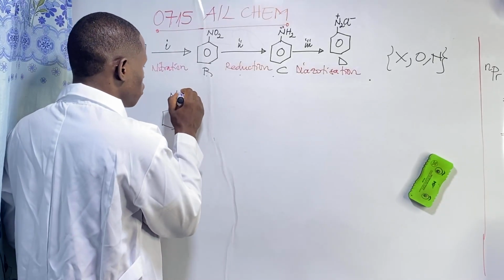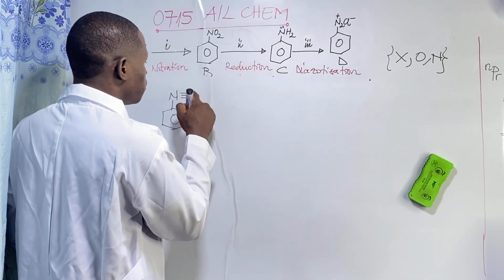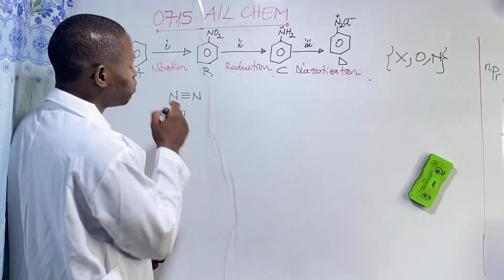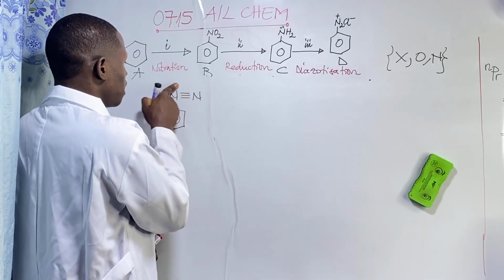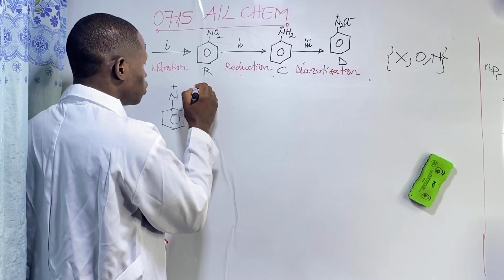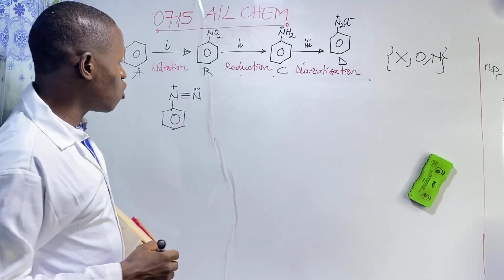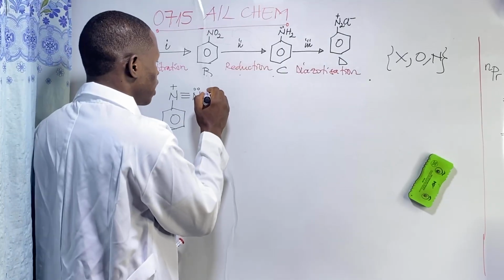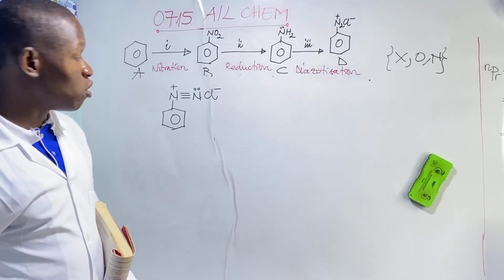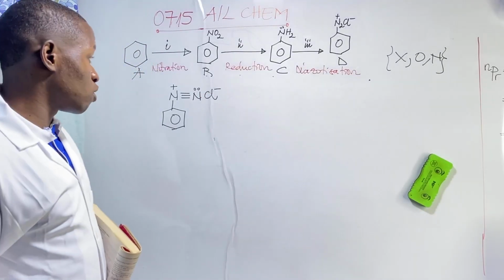So here we normally have a triple bond, right? And then we have nitrogen. The nitrogen bonded to the ring has a positive charge, while the terminal nitrogen has its lone pair of electron. Then we have the chloride ion, right?